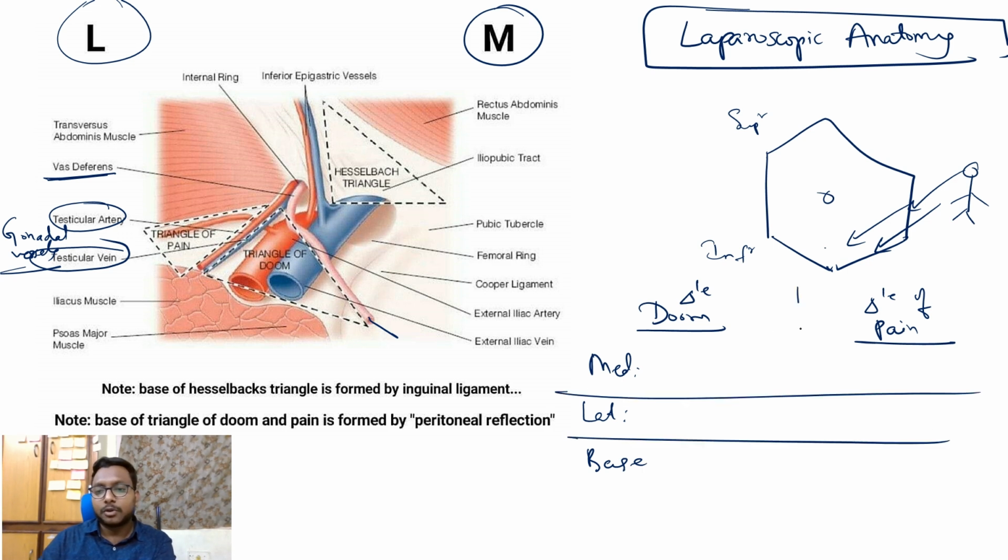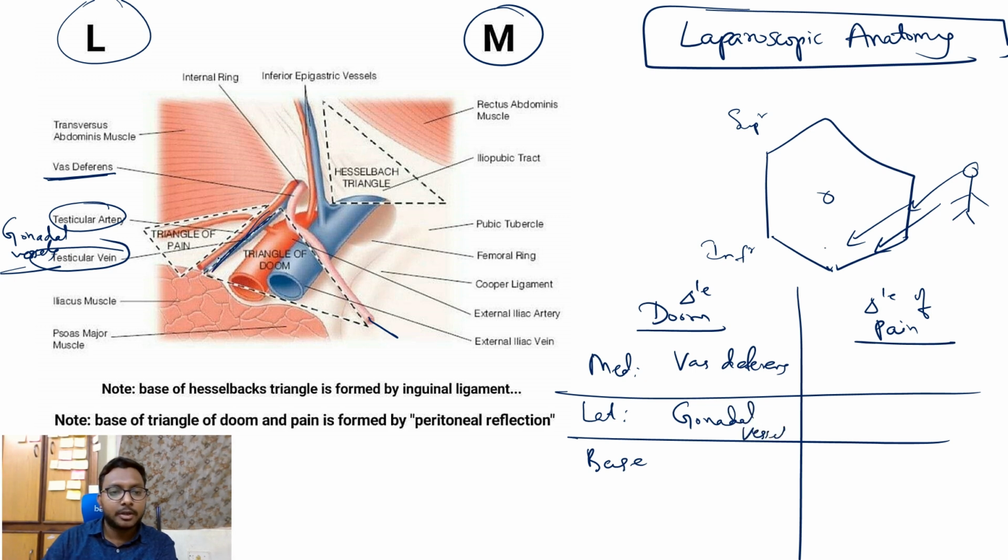So triangle of doom medial boundary is vas deferens. Lateral boundary is gonadal vessels. As you can see here, the lateral boundary of triangle of doom is nothing but the medial boundary of triangle of pain. So the medial boundary is formed by gonadal vessels here.